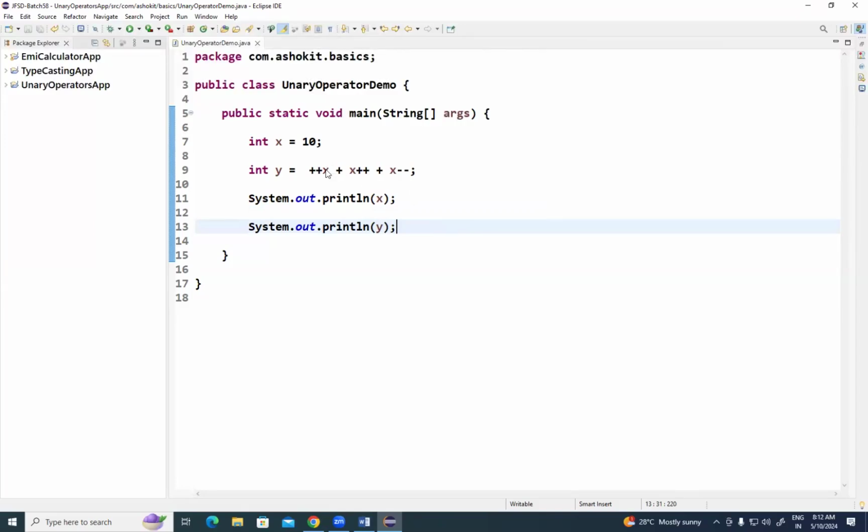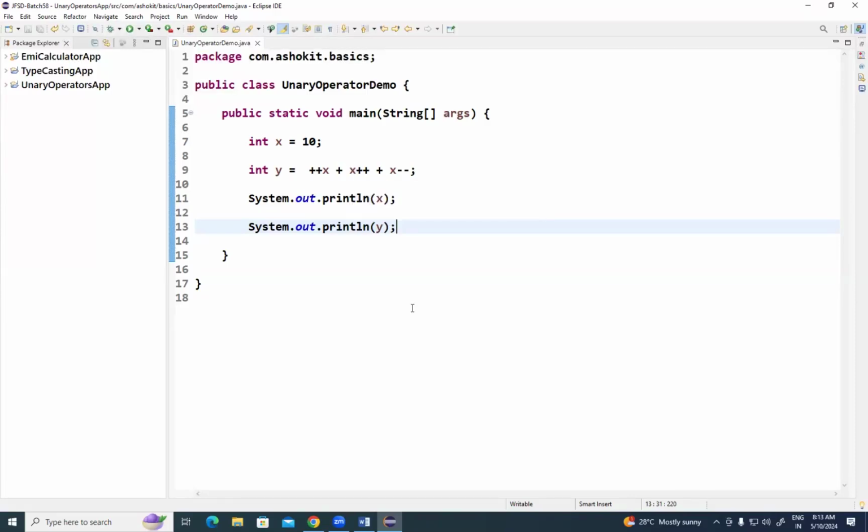If x is 11, then plus plus over here, because now its x value is 11. First 11 plus 11 plus plus. So 11 plus 11, 32. Maybe the output is compiler dependent, sir.